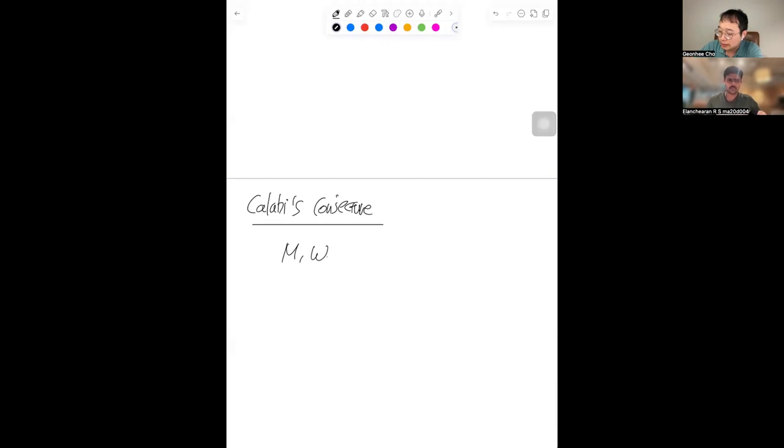Let (M, omega naught) be a compact Kähler manifold. This is given. So all you need is to apply the ddbar lemma.